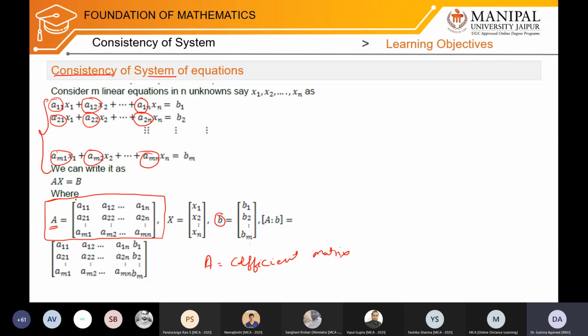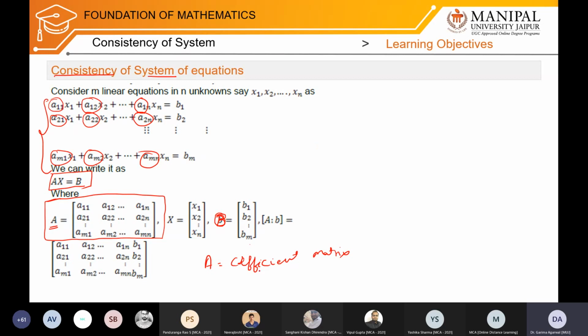Then in that case we can write this system in a matrix form Ax equals B. Small b or capital B, you can denote any notation over there. Capital B is also acceptable, right? So Ax equals B. If I multiply A and X, that is first row into column, then second row into column, then third row into column, we'll again get this matrix, right?